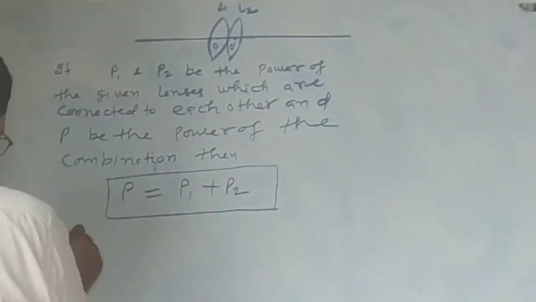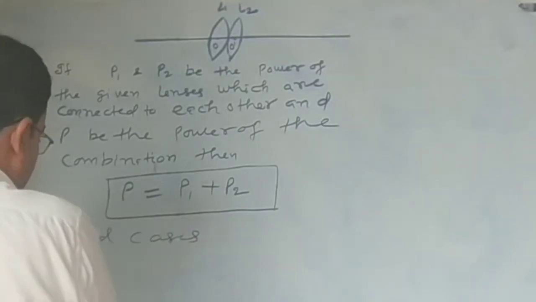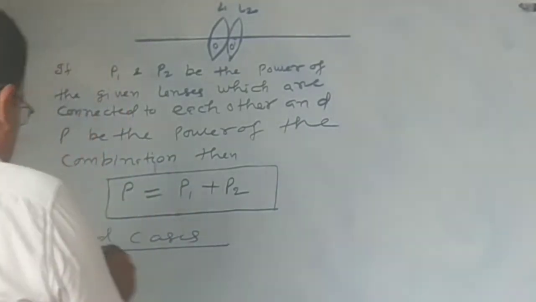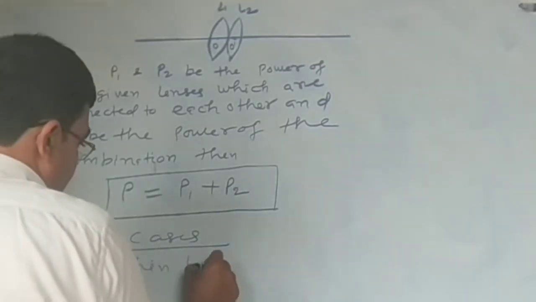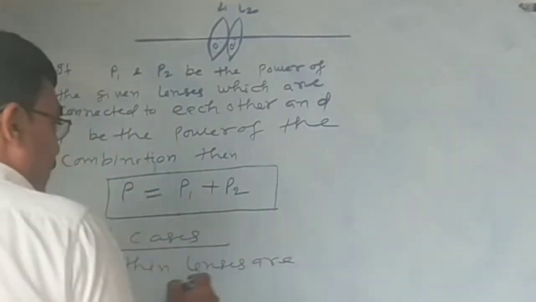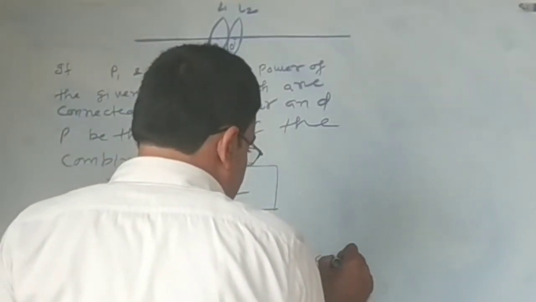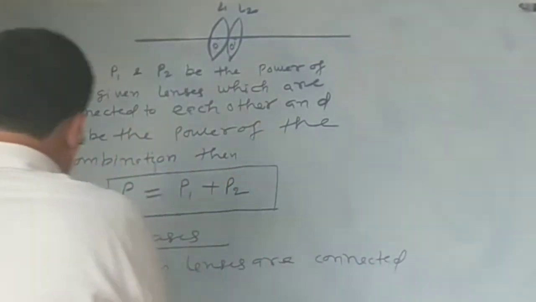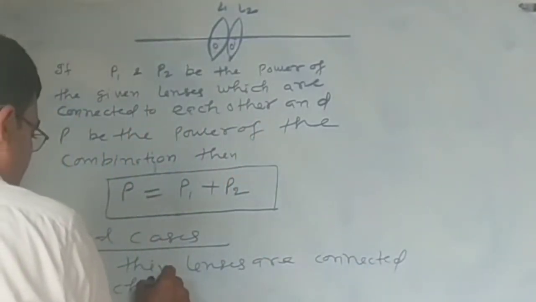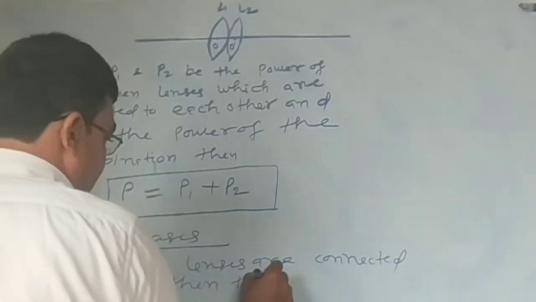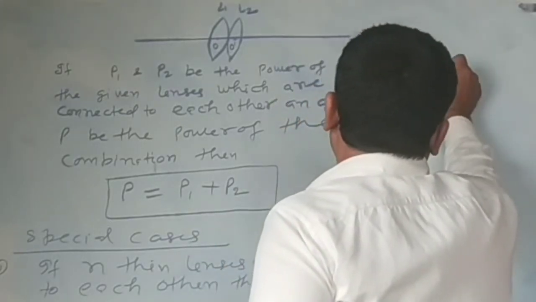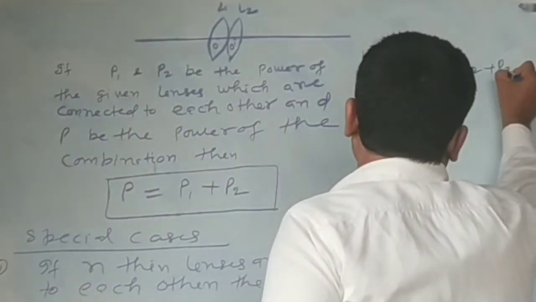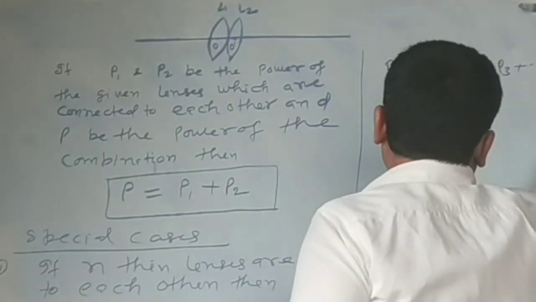Okay, special case: if n thin lenses are connected to each other, then for the combination, P is equal to P1 plus P2 plus P3 up to Pn.